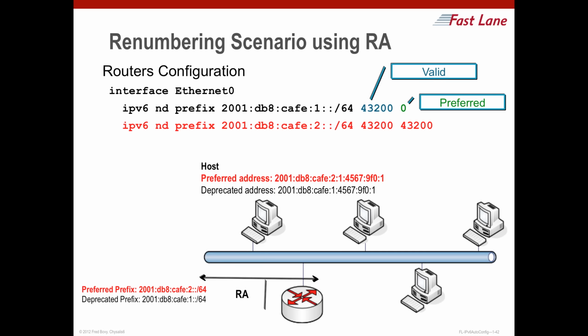So that's an example of such a configuration to do such a change. Basically the preferred timer is set to 0, so immediately all the addresses which are derived from the prefix 2001:db8:cafe:1 are deprecated and cannot be used for new connections, only existing connections.